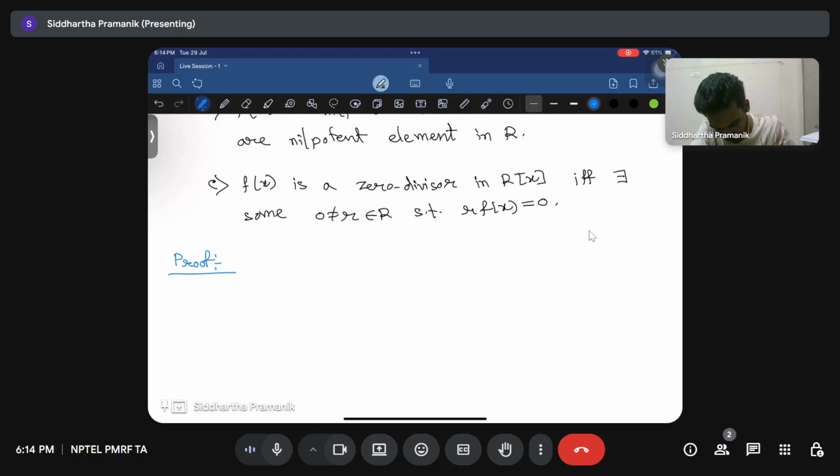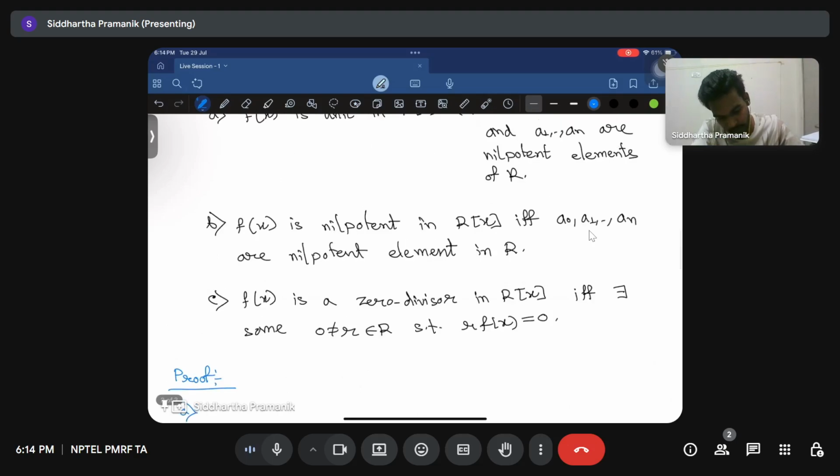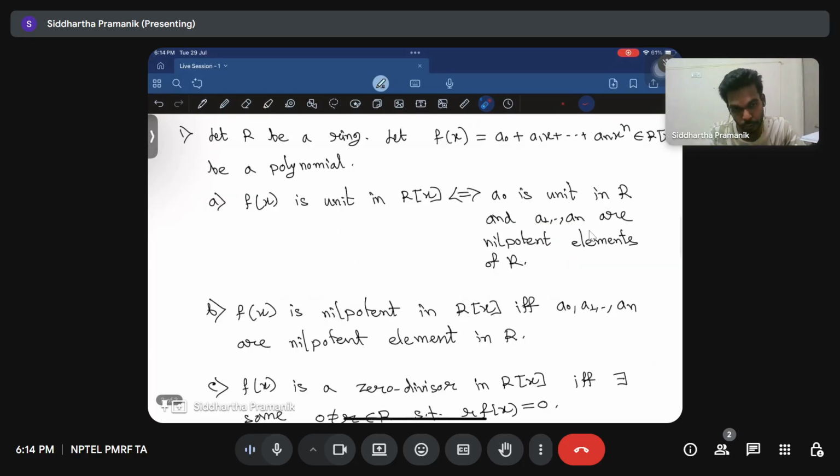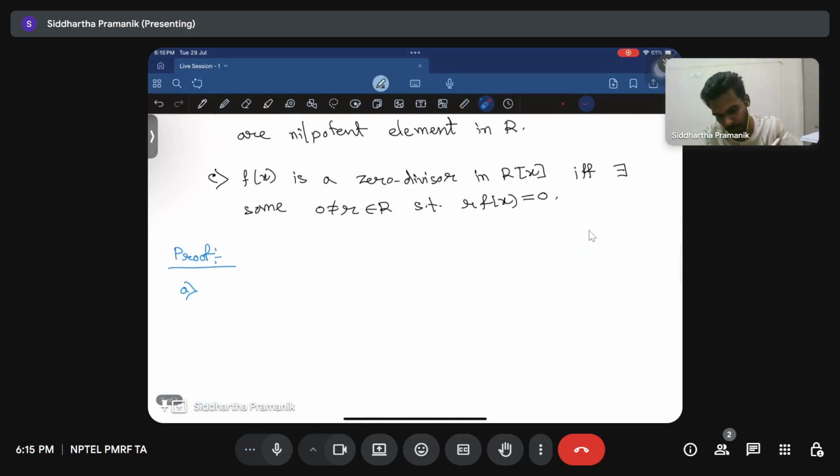So what is the first one? The first one is about the invertible elements of the polynomial ring. So f(x) is invertible if and only if the constant term is invertible and all other coefficients are nilpotent. So let's prove this. First I will prove the reverse implication.